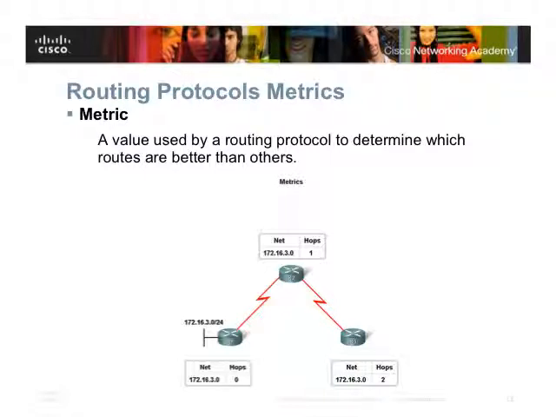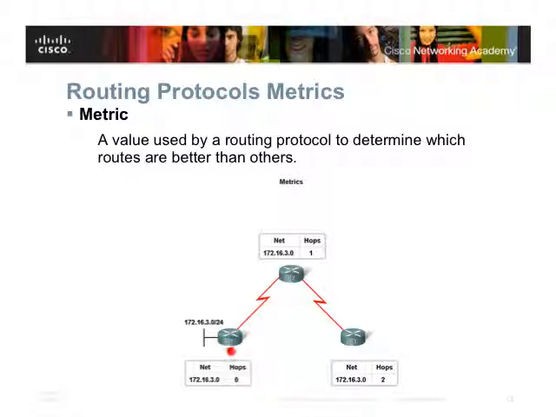The metric is a quantity, a value, which is the distance. The distance is quantified in the form of a metric. This metric can simply be the number of hops. For example, router 1 has one hop distance between router 1 and router 2.